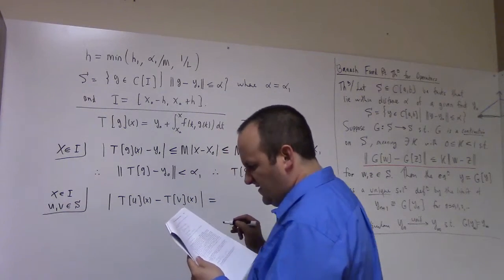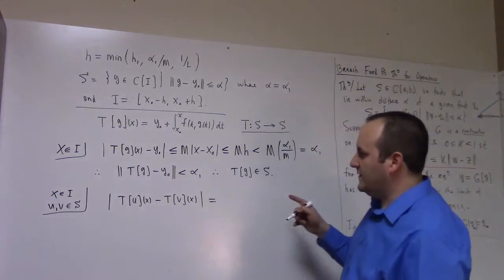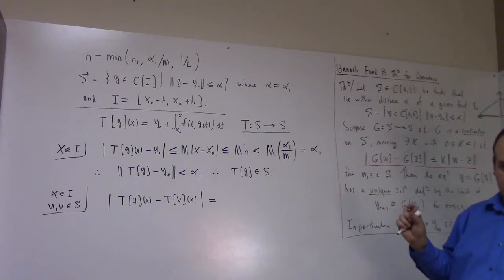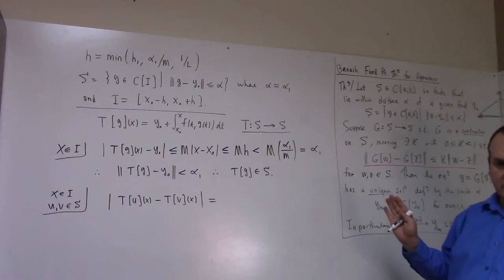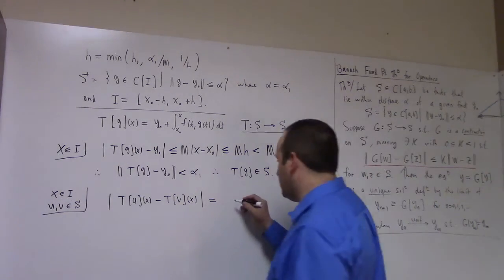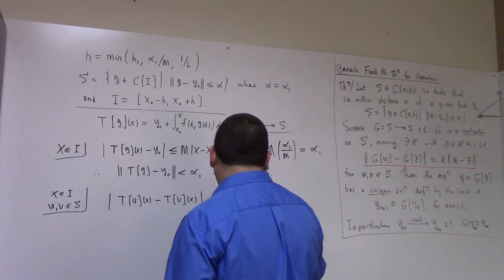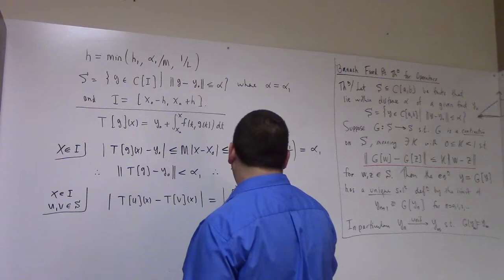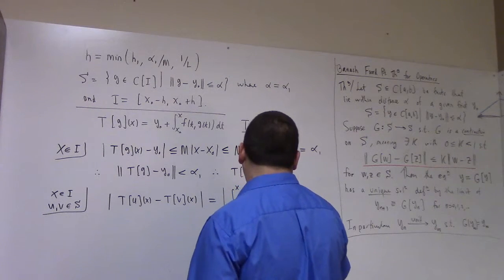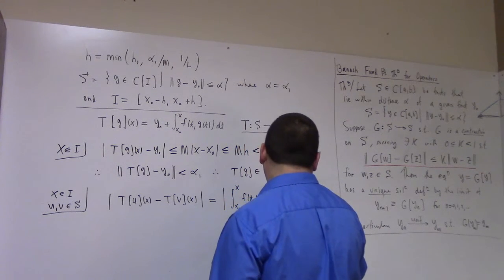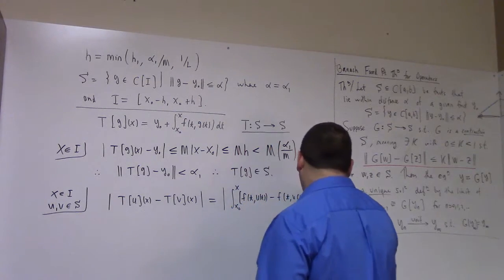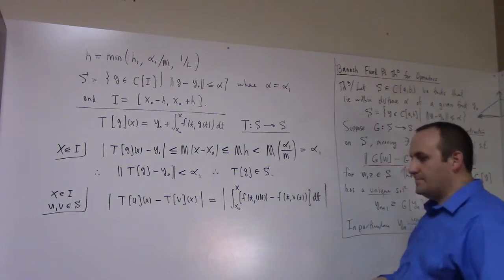So if you look at that, what happens with the y naughts? They cancel, right? You get the difference of integrals. So you might as well just write it as one integral: the absolute value of the integral from x naught to x of f of t comma u of t minus f of t comma v of t dt.